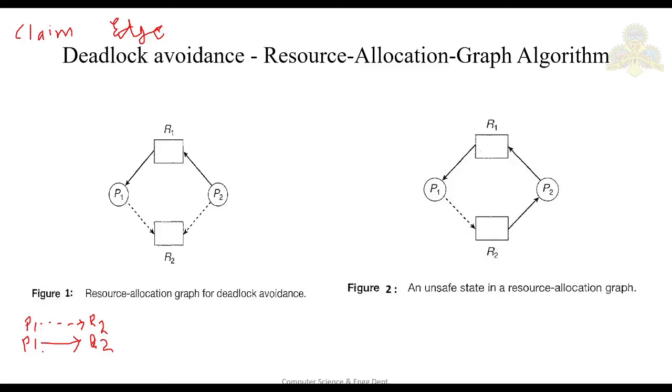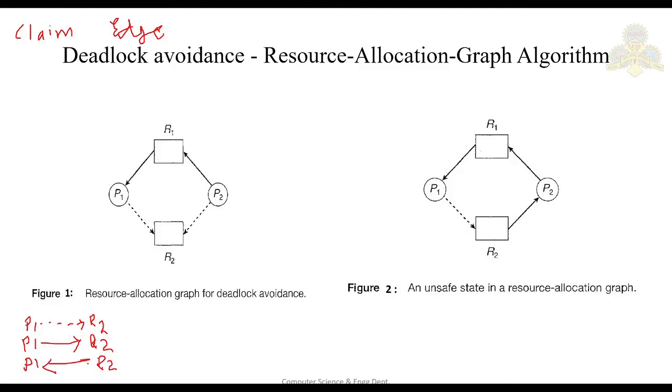At this time, your request edge would be converted into an assignment edge. No new edge would be there. Your same request edge would be converted into the assignment edge, something like this. So whenever a resource is allocated to a process, the request edge would be converted into your assignment edge.